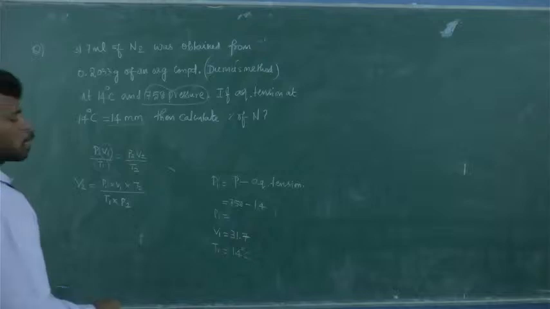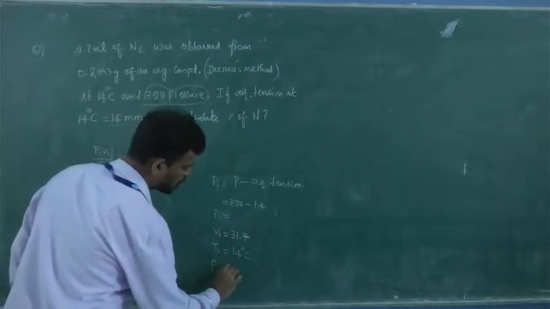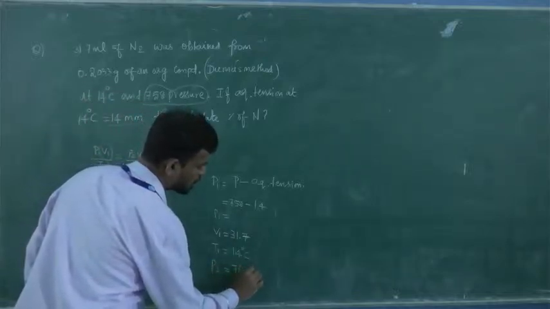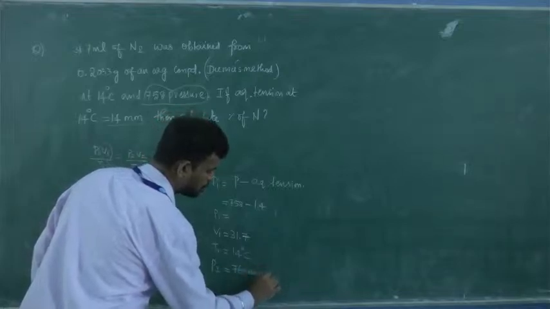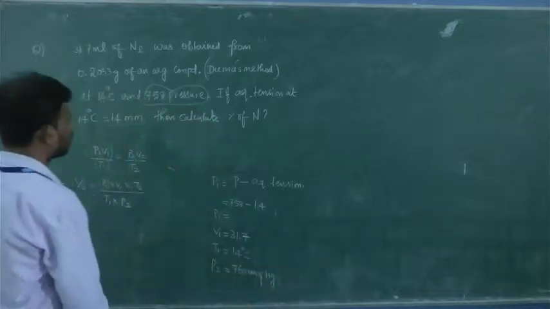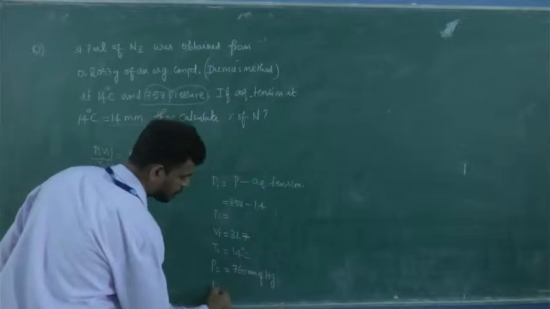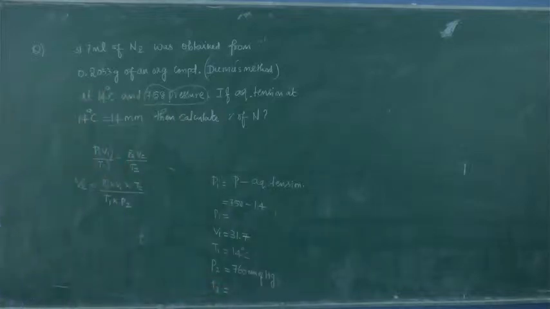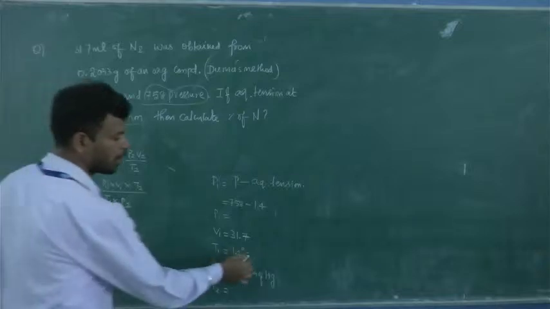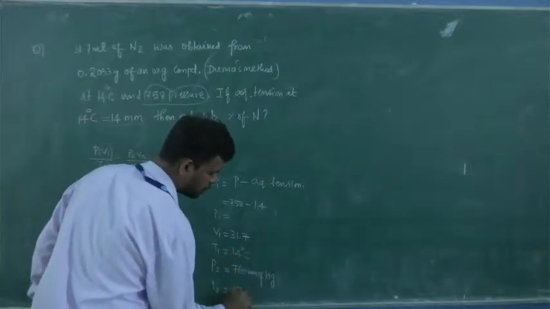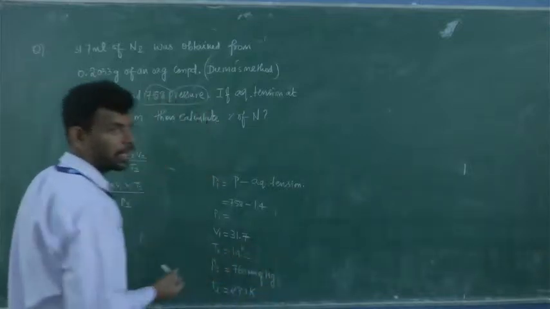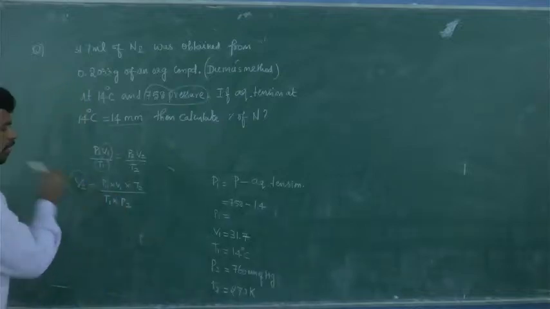Okay. Next, what is P2? It is always going to be 760 mm of mercury. And what is T2? 273 K. This is Kelvin. This is the unknown. V2 is going to be the unknown.